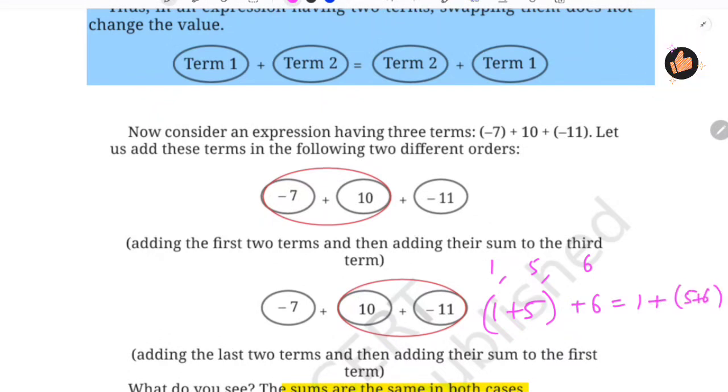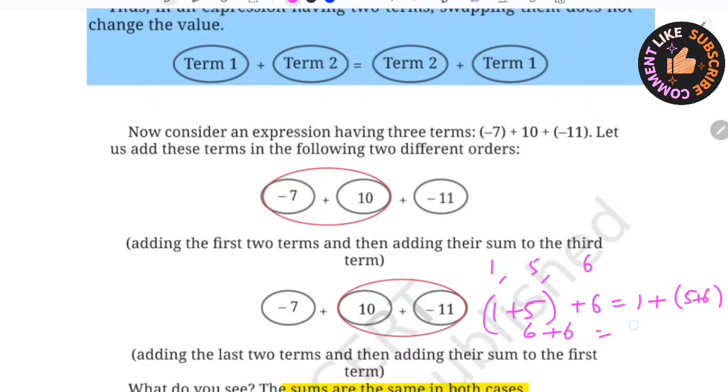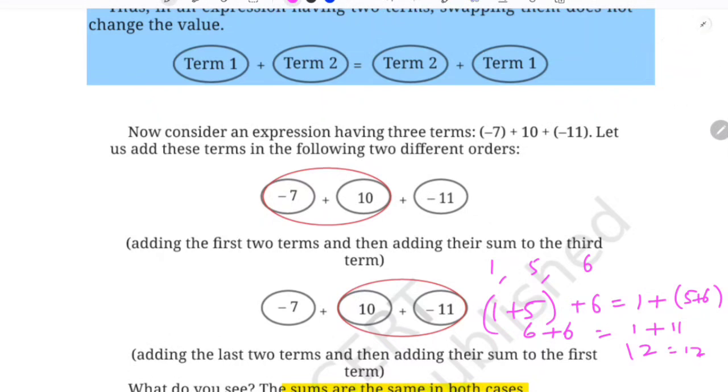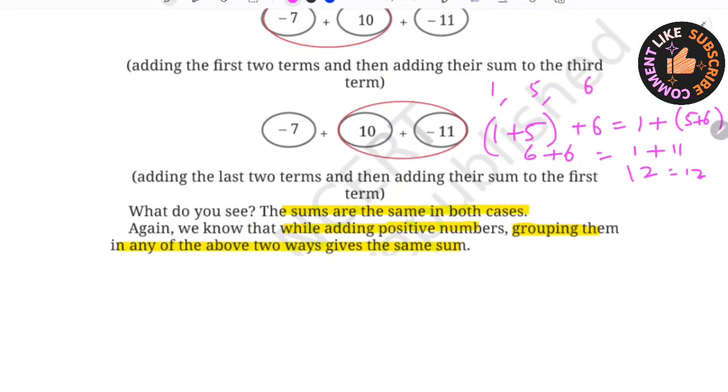The answer will be the same, because on the left side you get 6 plus 6, that is 12. Here you get 1 plus 11, that is 12. Both give the same value. So grouping does not change the value. That is also we have to understand.